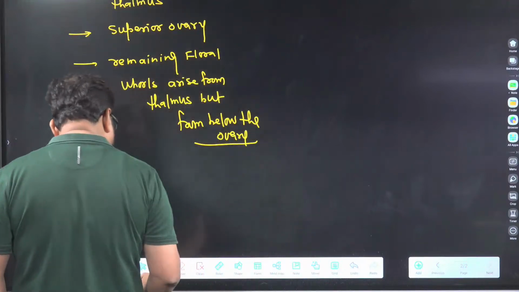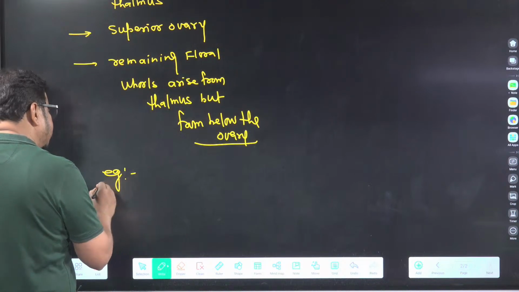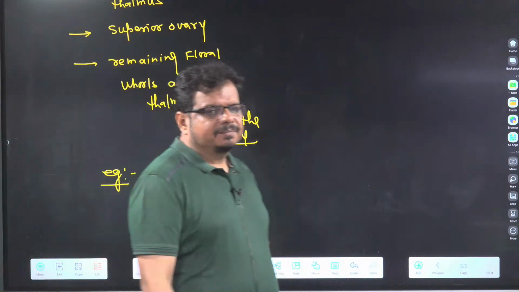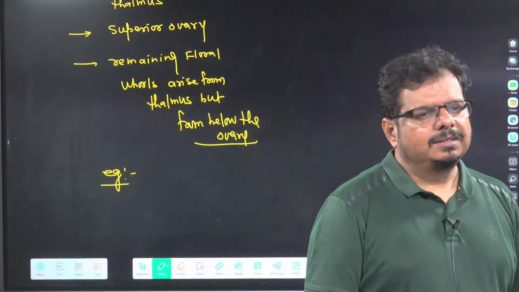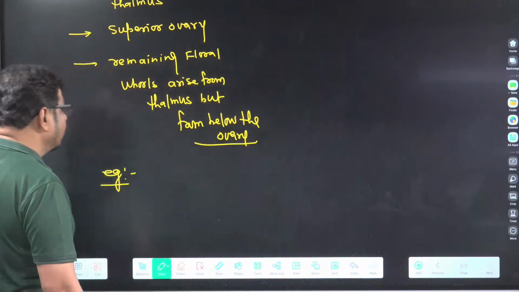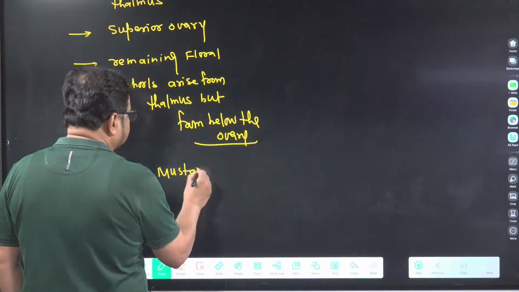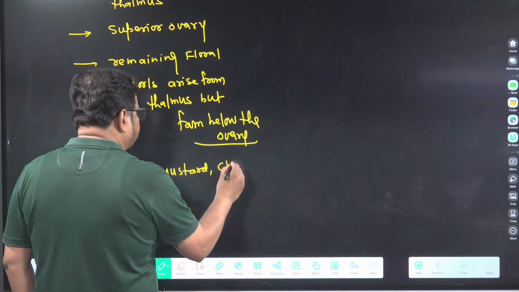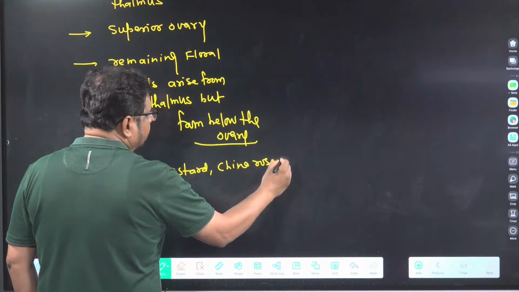And if you talk about the example, tell me the example of hypogynous condition. Don't look at your NCERT, and without looking, tell me. Hypogynous example. So what examples did NCERT write? Mustard, China rose, and brinjal.